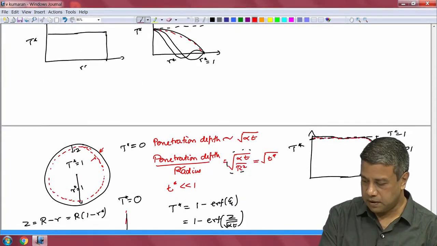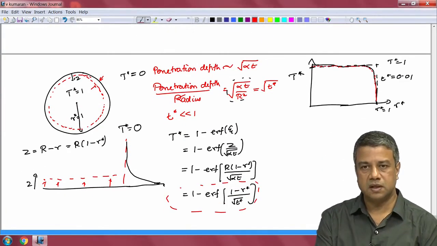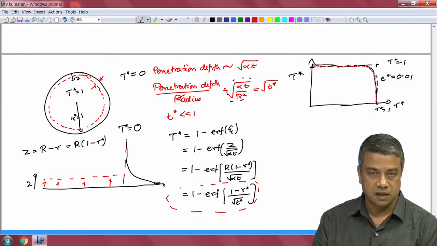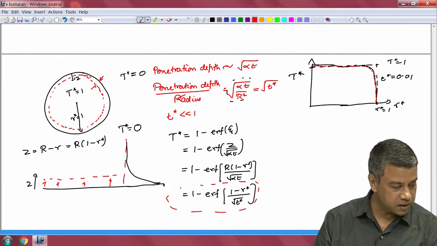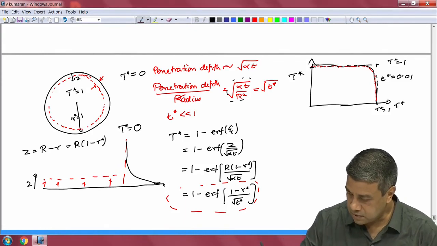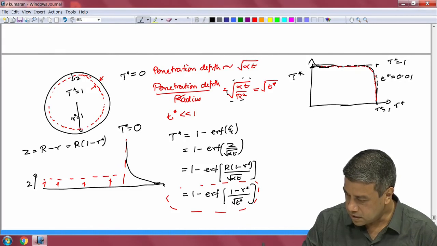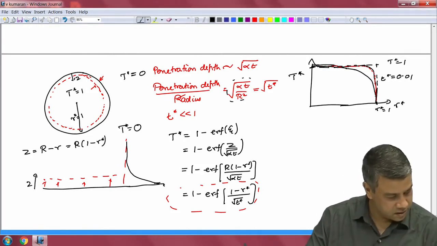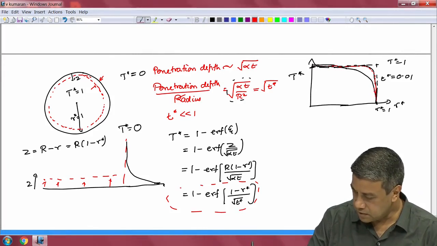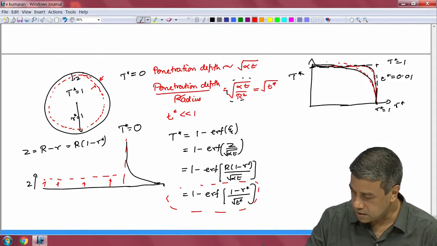Whereas, if I plot this similarity solution at very early times where the penetration depth into the cylinder is much smaller than the cylinder radius, then I do get something that is in good agreement. The agreement is not as good even at T star is equal to 0.3. So, at T star is equal to 0.3, the 5 term approximation looks something like this, whereas the similarity solution actually has a slight difference.